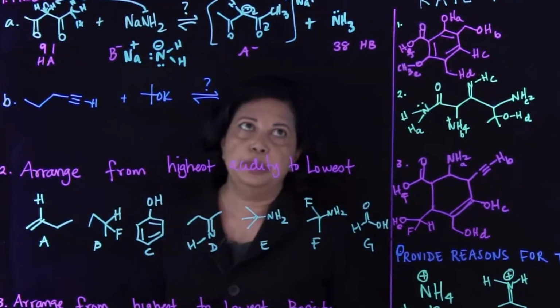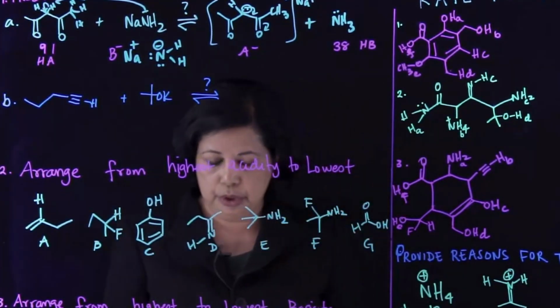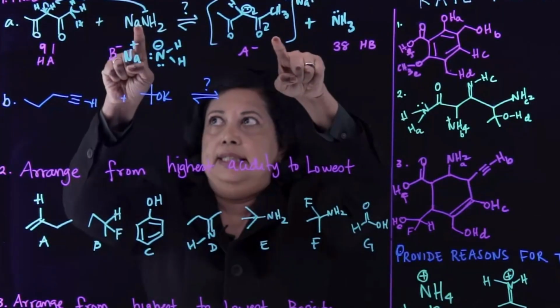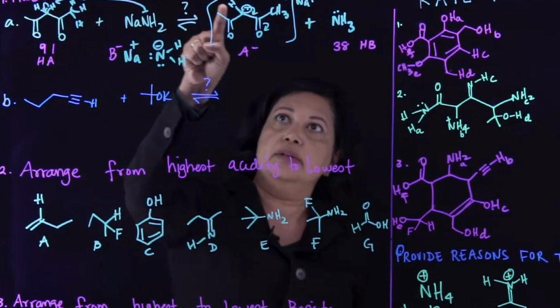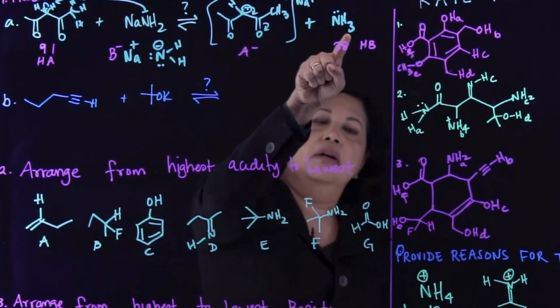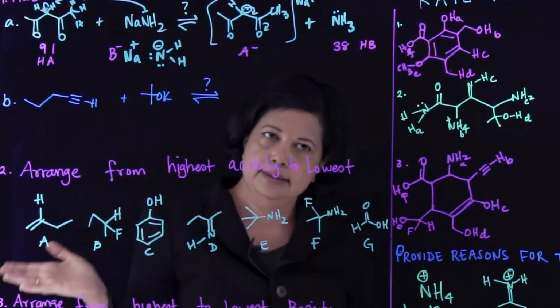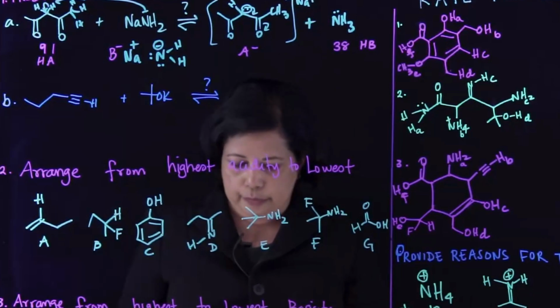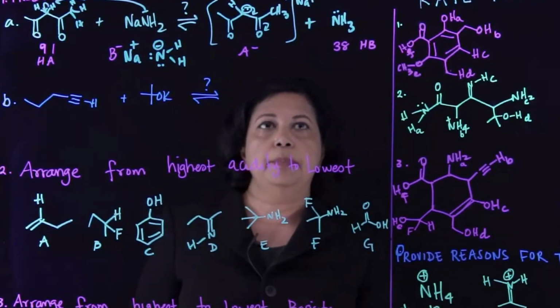So we have 2 equilibria here, 2 acids here, and 2 bases here. This is the acid and this is the conjugate base of this acid. This is the base and this is the conjugate acid of this base. Which direction is it going to go? So for that, we got to do pKa.